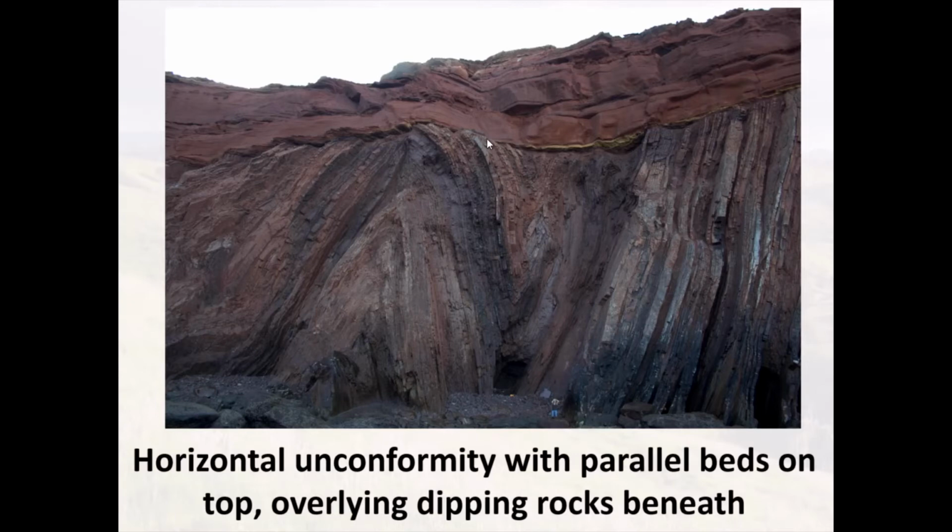But beneath the unconformity, those older rocks, you can see that they've been severely folded. We've got these tight, not quite isoclinal folds that have been eroded to form an angular unconformity, on top of which these horizontally bedded what look like sandstones have been deposited.